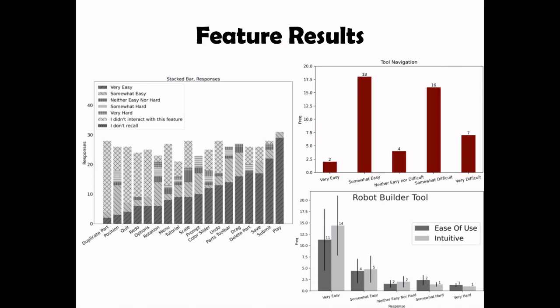On the bottom right, we have again the aggregate data across each feature, mean and standard deviations. And on the left, we actually have a breakdown of each feature, how users responded. Each user did not get all feature questions, and therefore we have counts less than 47 for each of these.